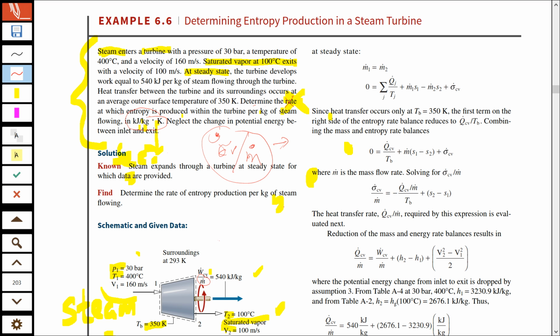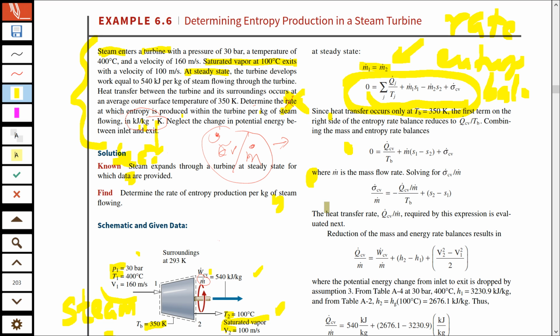And that should not be a big problem because you can always start from mass balance, from chapter 4. Then you can rewrite an equation for the entropy balance, or to be very precise, entropy rate balance. So you see, there's nothing fancy here.